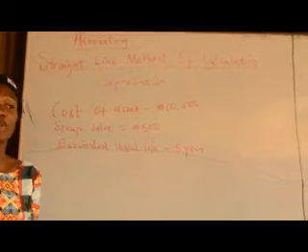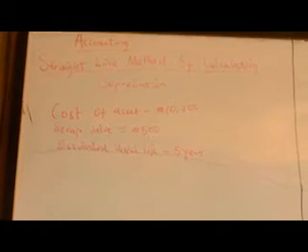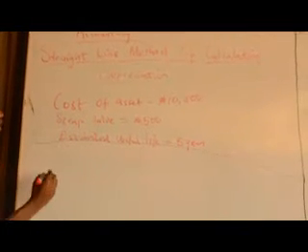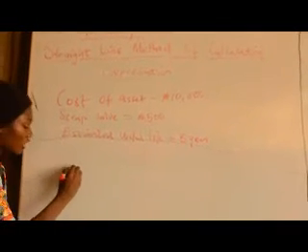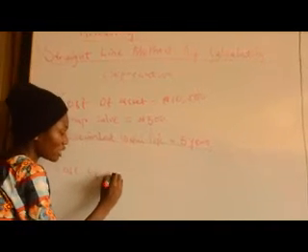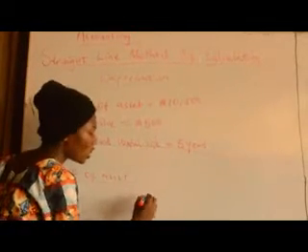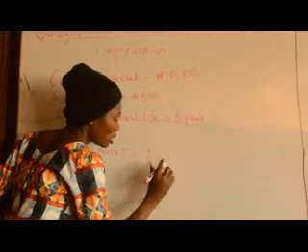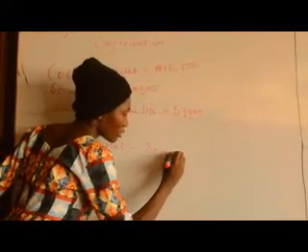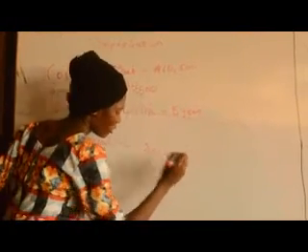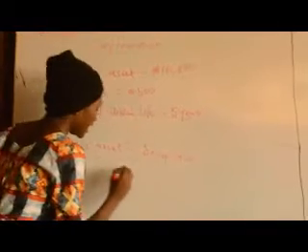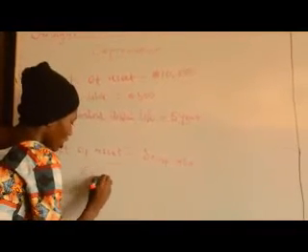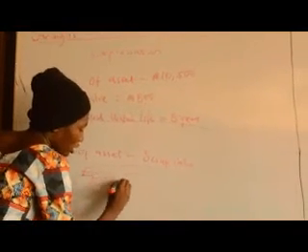So the first thing I will do is to show you the formula. Using the straight line method, the formula is very easy. Now the formula is just the cost of the asset minus our scrap value, divided by the estimated useful life, or the number of years.